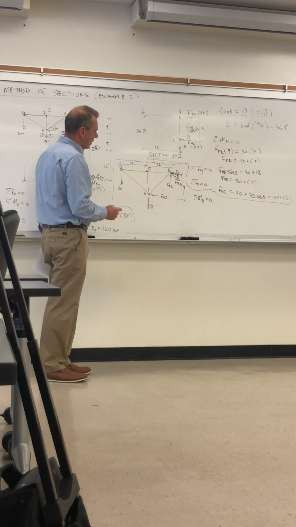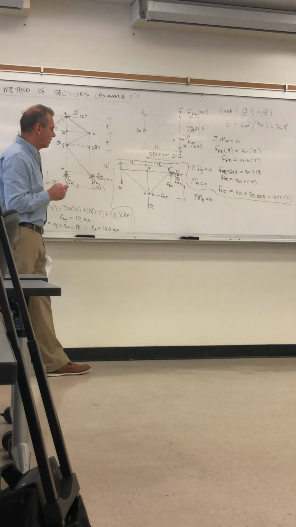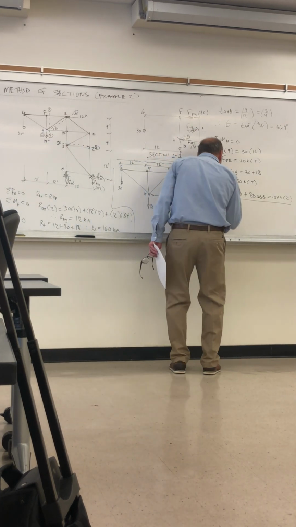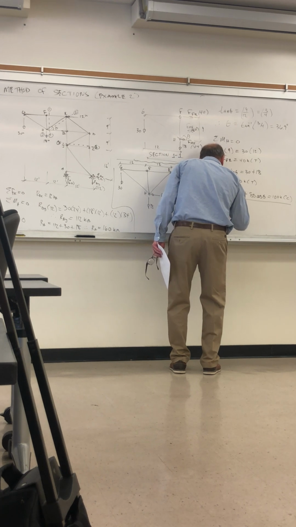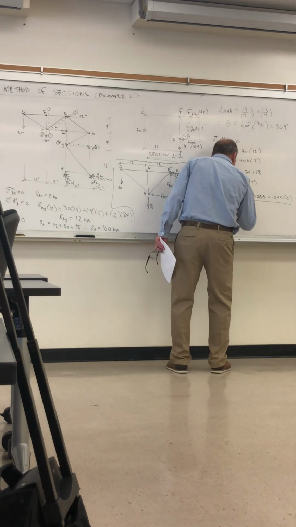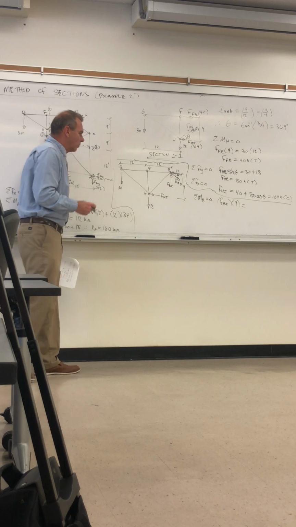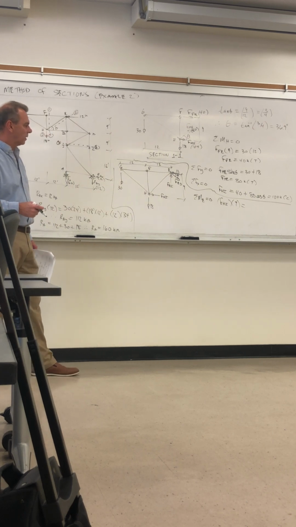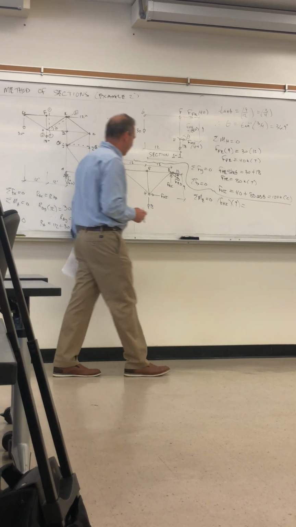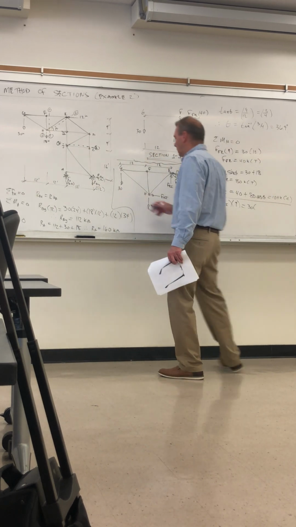You can see the clockwise moment about an axis coming out of the page at E is F of HI multiplied by 9. That's clockwise, that has to equal the counterclockwise moments from the 30 and the 18.